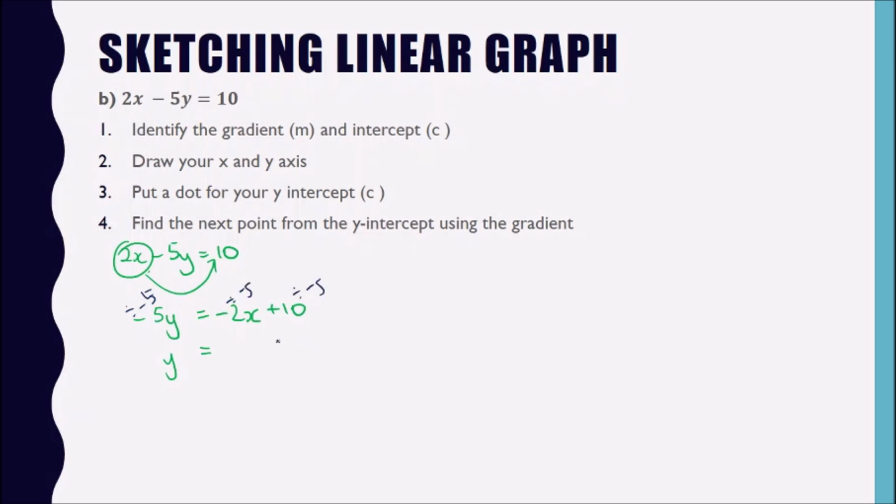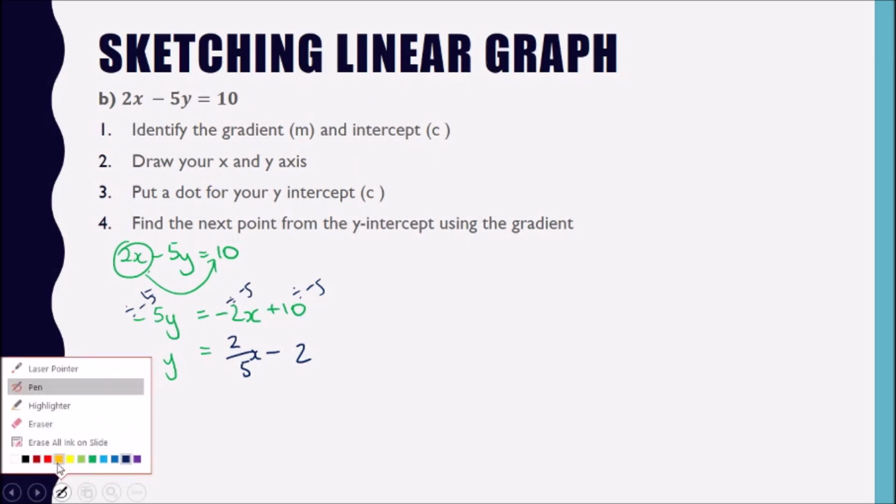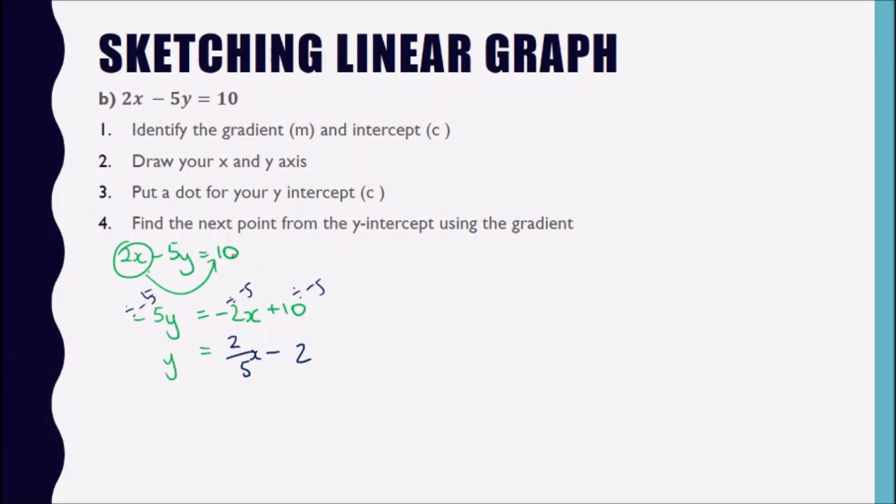Okay. So it becomes negative is positive. 2 divided by 5 is 2 over 5. Positive negative is negative. And 10 divided by 5 is 2. Okay, so let me just rewrite that because that might have been really confusing for you.